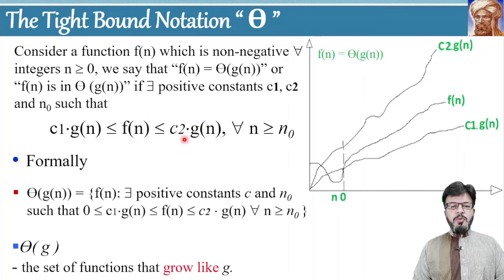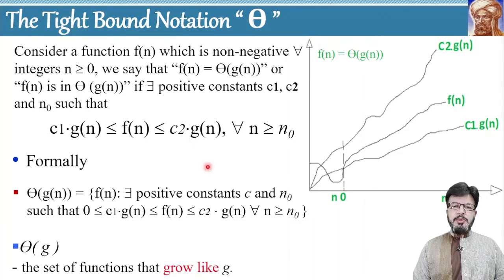So if the function holds both conditions, the condition for big O and the condition for omega, then we can say the function f of n is equal to theta of g of n.